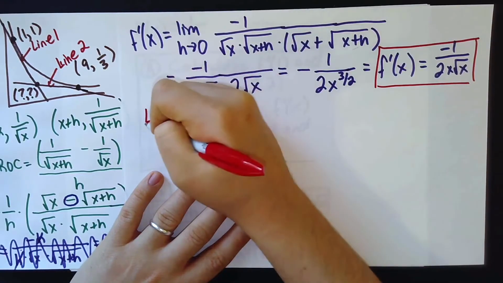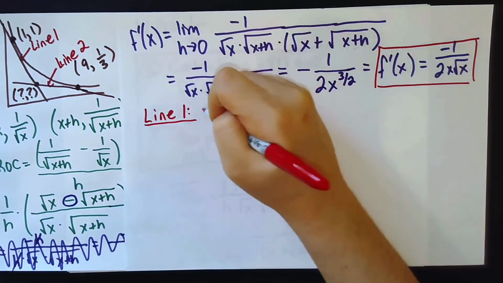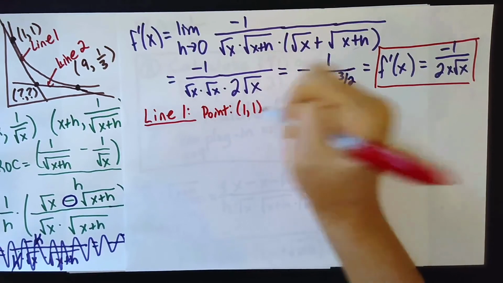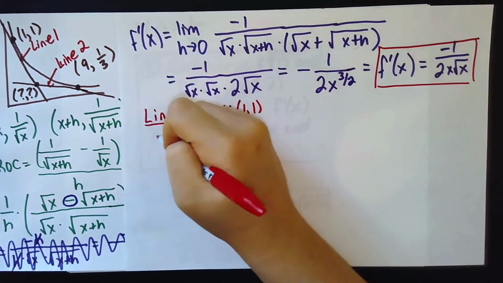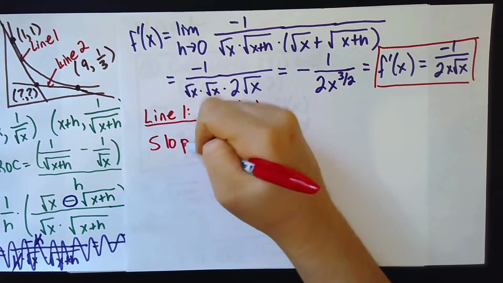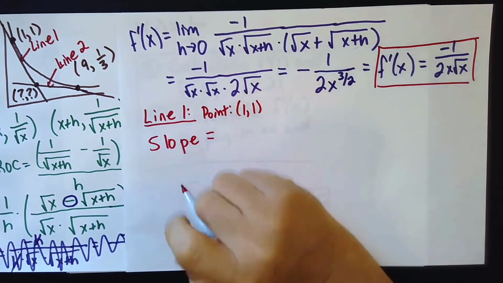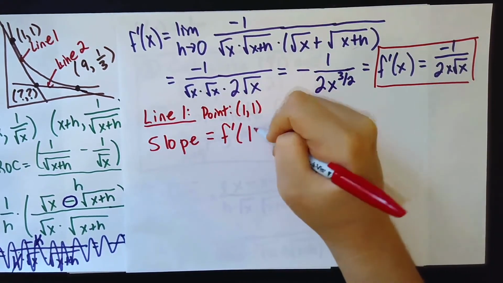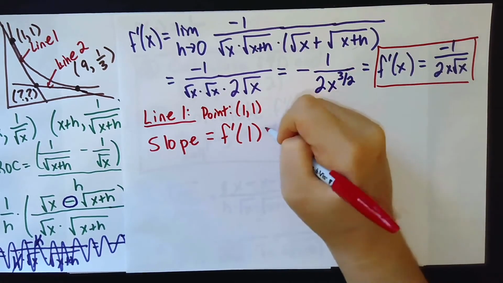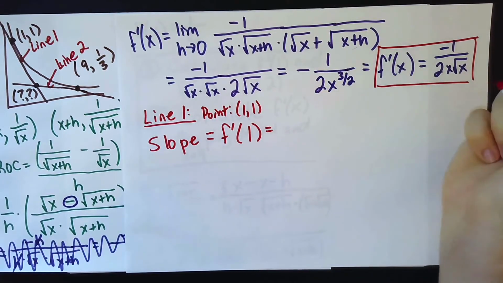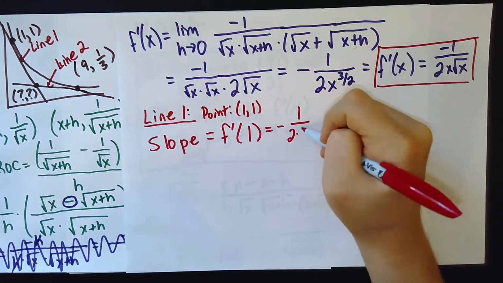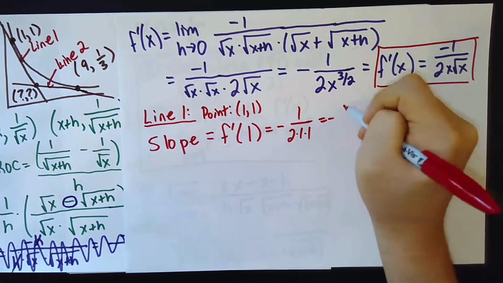So line 1, we know it passes through the point (1, 1). And then the key here is that the slope of this line is given by f prime of 1, okay? Which will be minus 1 over 2 times 1 times 1, right, which is minus a half.